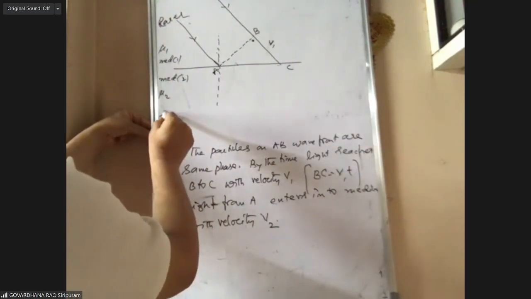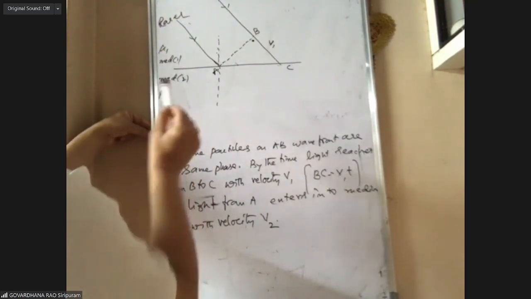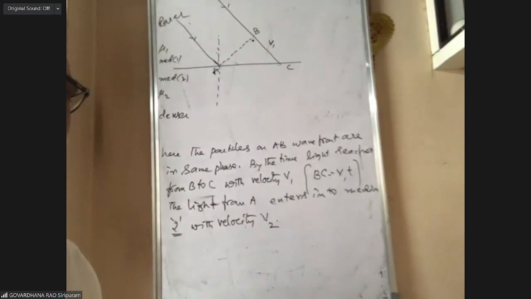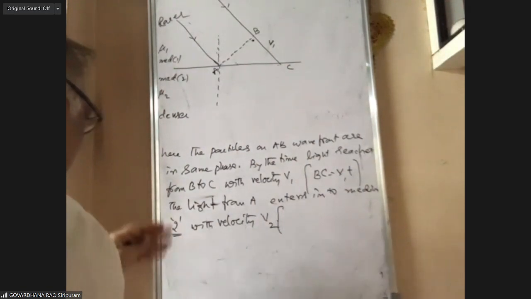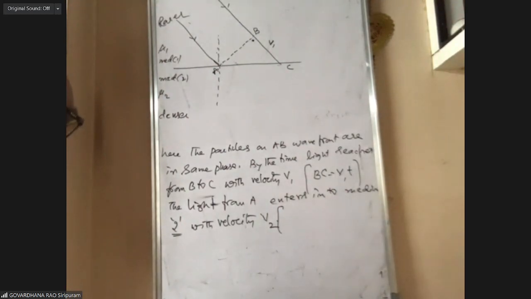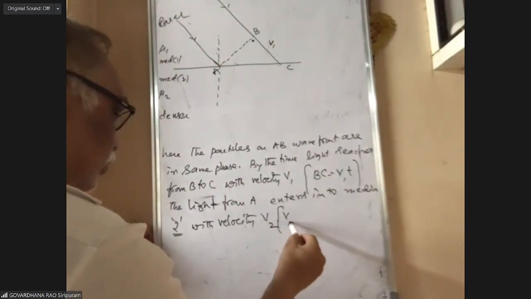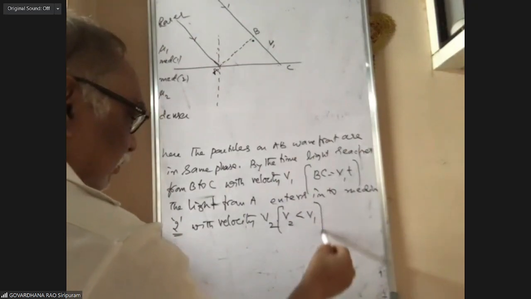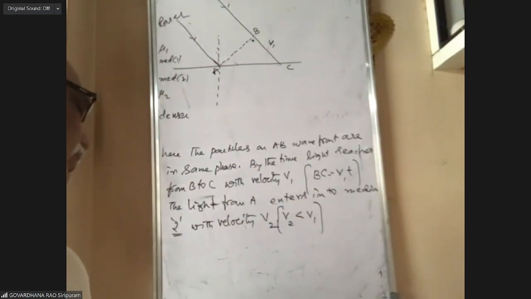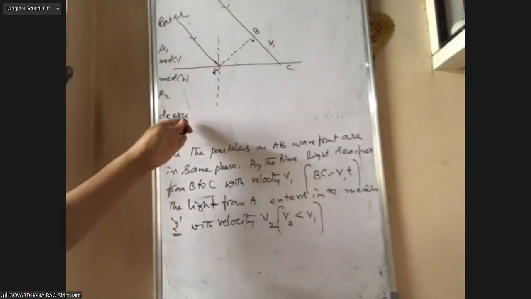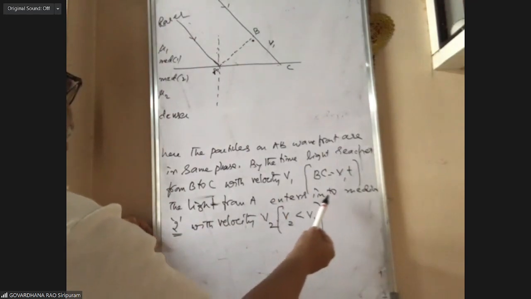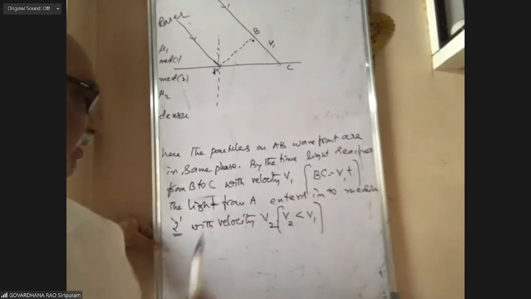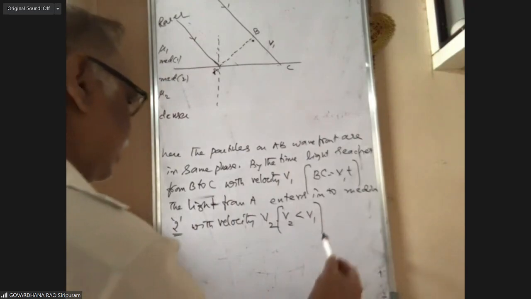This is what? Denser. So V2 less than V1. Why? Medium 2 is denser. So the light from A enters into medium 2 with the velocity V2.